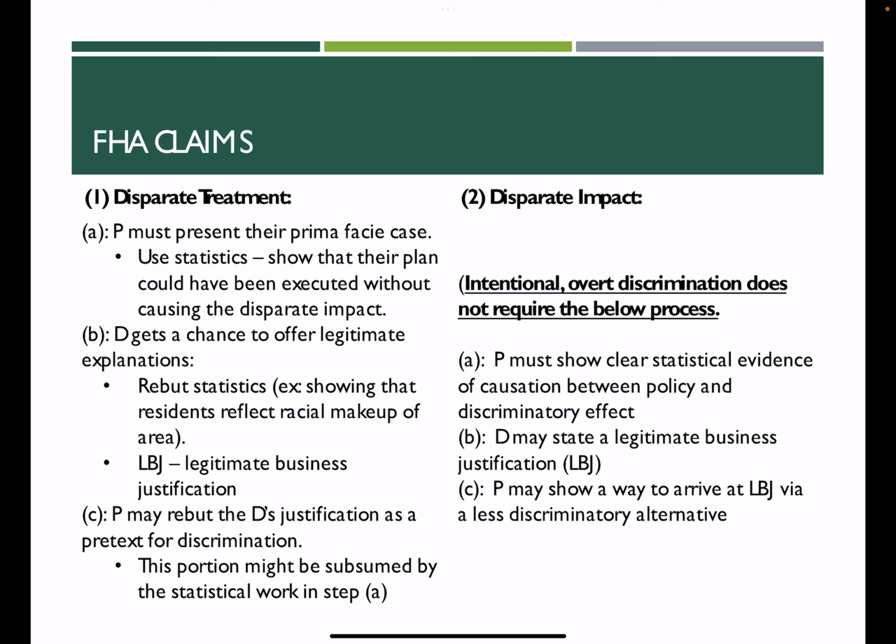After that, the defendant can state a legitimate business justification, and they just have to give a reason. They don't have to prove that there was no less discriminatory alternative. That is what the plaintiff has to show after the defendant makes a legitimate business justification. The plaintiff needs to be able to show that there was a way for the defendant to arrive at their legitimate business justification via a less discriminatory alternative.